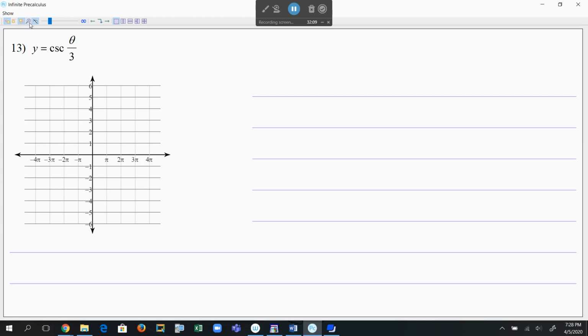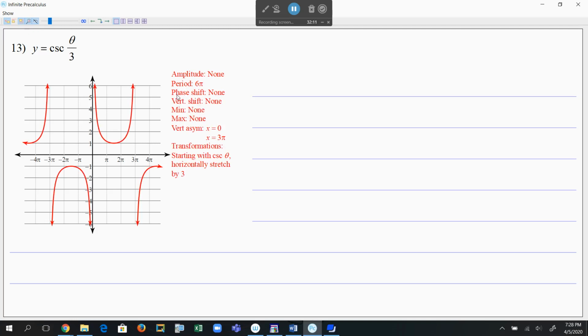So the first step is that we all know that only sine and cosine have amplitude. The rest of the functions will not have amplitude. So therefore, this cosecant function doesn't have amplitude. Now the period is 6 pi. Why?